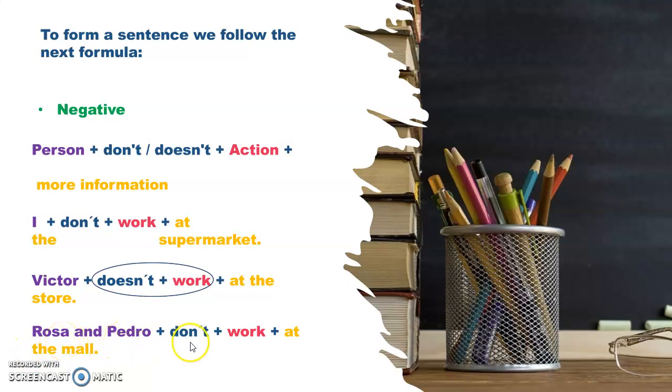Rosa and Pedro don't work at the mall. If you see, the sentences are exactly the same as in the affirmative, but we just add the don't for I and Rosa and Pedro, and doesn't for Victor, because Victor is a he.